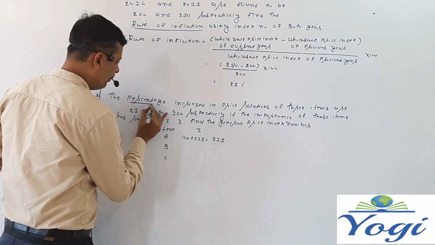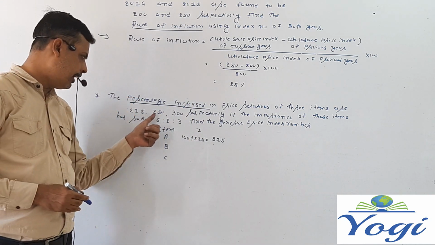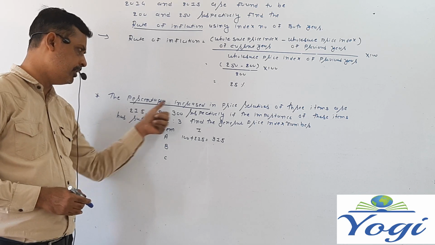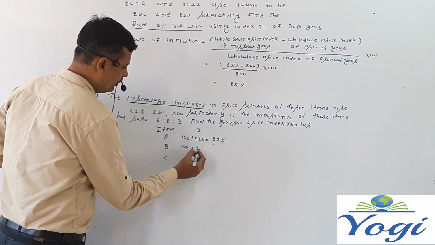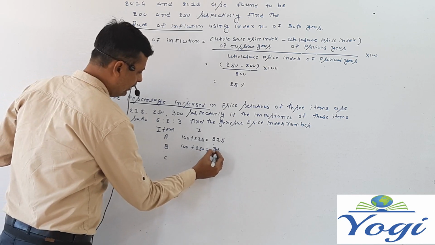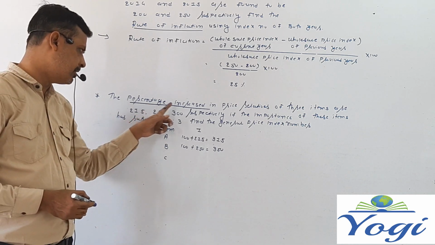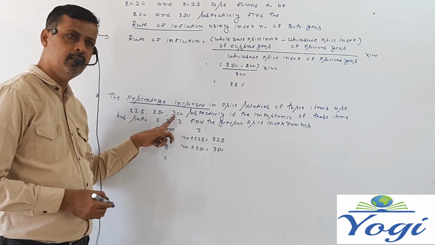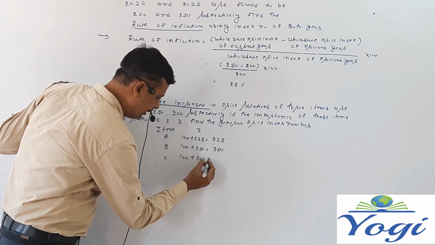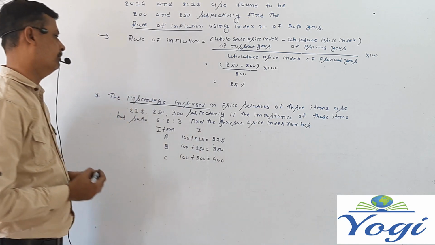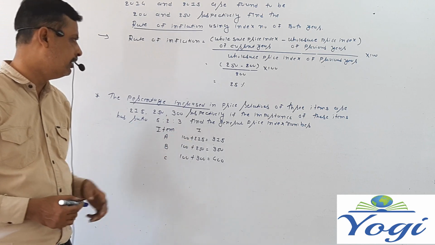Here what is given? Percentage increase. Now in item B, 250 percentage increase, base year index is 100, 250 increase, so 350. And third item, percentage increase is 300, so 100 plus 300 becomes 400. So we get the value of I.